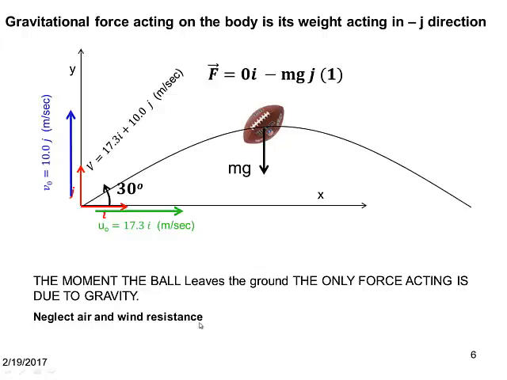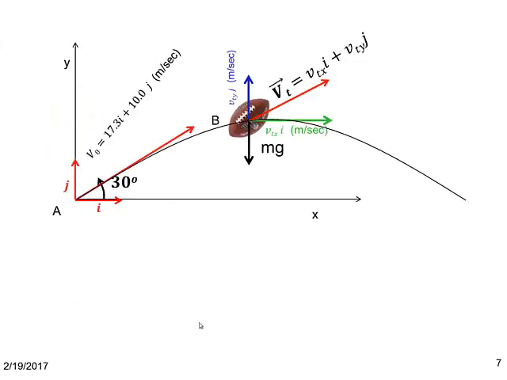Now we shall discuss the equations that govern this motion. The fundamental law that describes motion of a particle is Newton's second law, which states that force is the product of mass and acceleration, or F equals ma, where F is the net force acting on the body, m is the mass and a is the resulting acceleration.